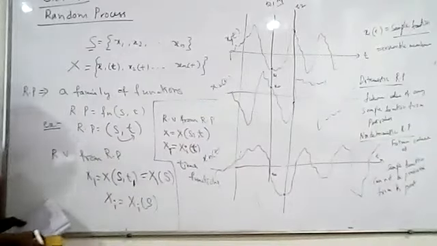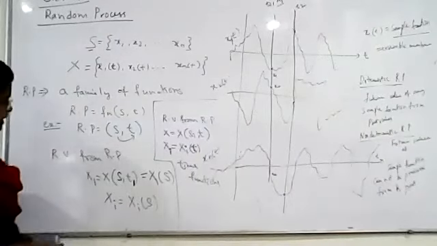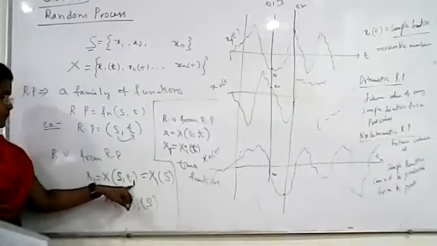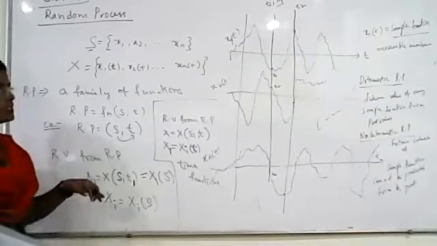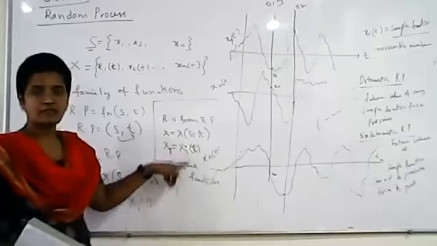Just now we discussed that we have two ways to obtain random variables. By fixing the time t1, we get one set of random variables. By fixing the sample space, we get another set.